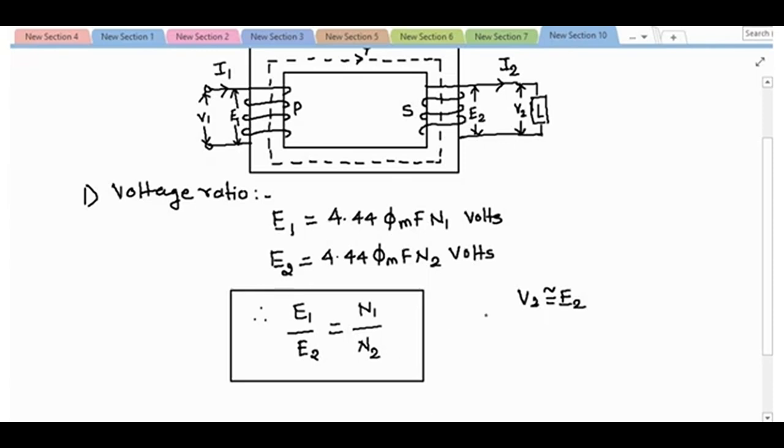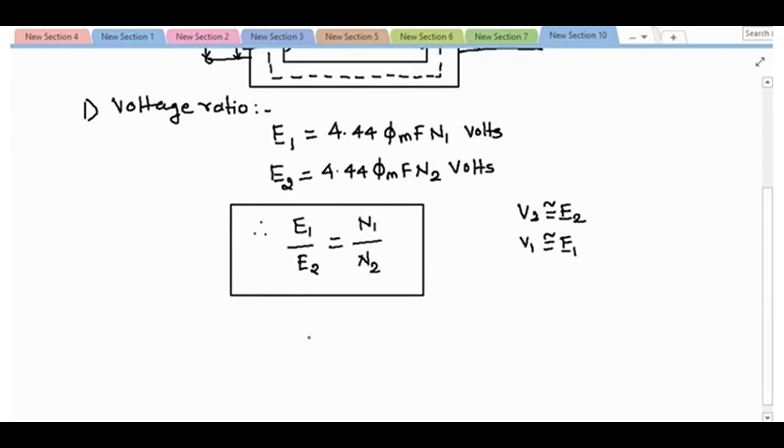Also, the primary current being very small under this condition, V1 is numerically almost equal to the self-induced EMF in the primary winding, that is E1. So the above equation I can write as E1 upon E2 equals V1 upon V2 equals N1 upon N2.